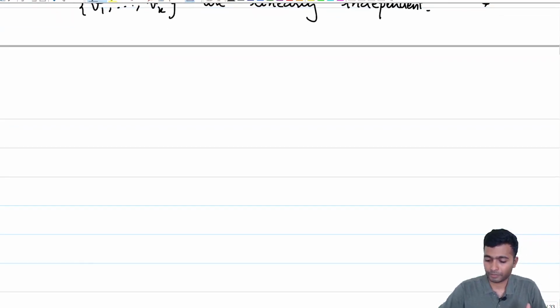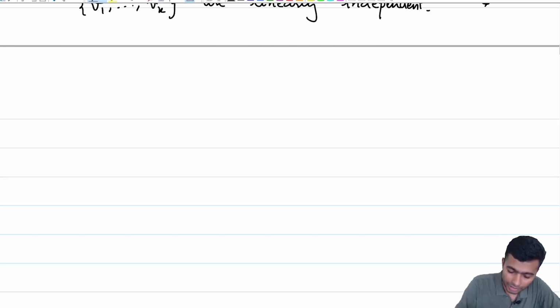All right. So, this is a powerful result in the sense that if we have a matrix which has n distinct eigenvalues, then it is necessarily diagonalizable. So, let me just write it down.